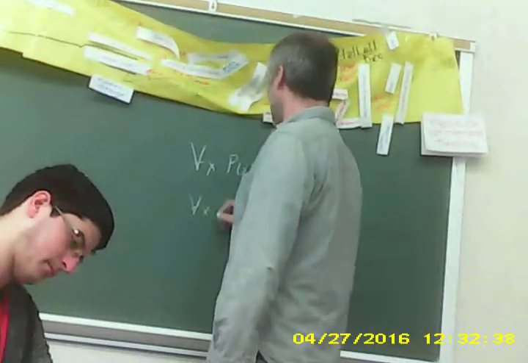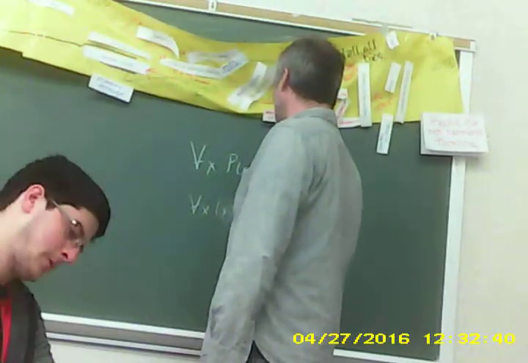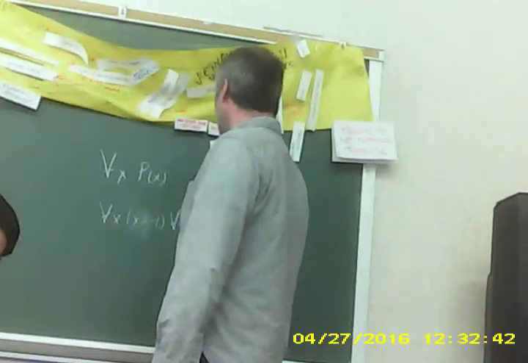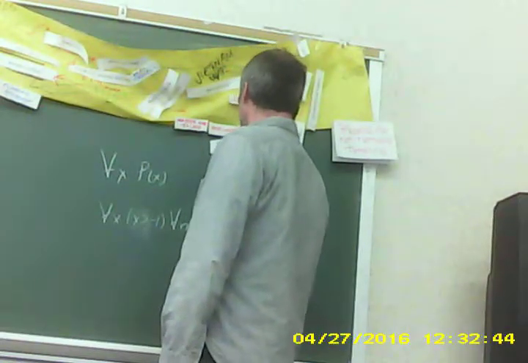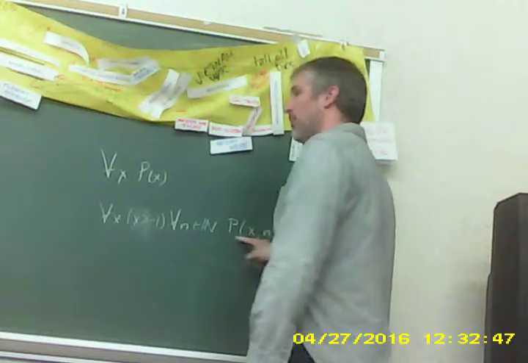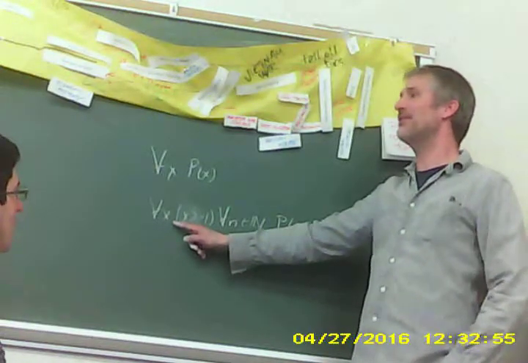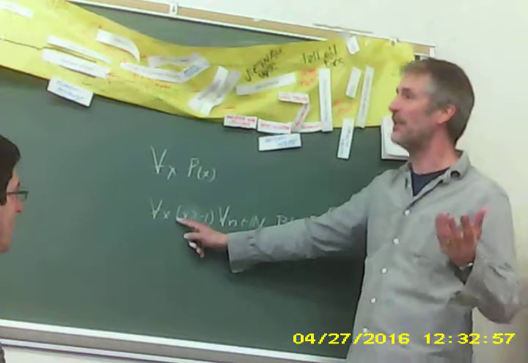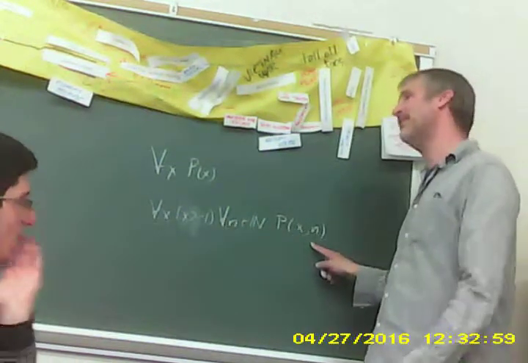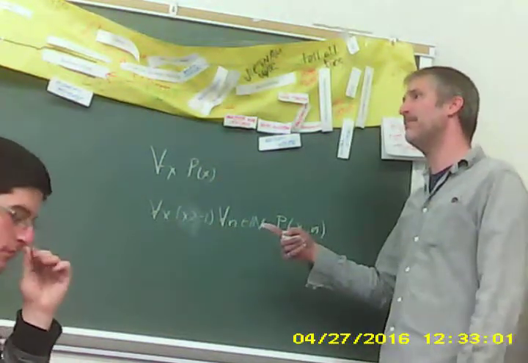Or maybe put it this way: for all x greater than -1, for all n an element of the naturals, p of x n, where p of x n is this statement with x's and n's in it. We would pick an arbitrary x, in other words fixing it, and then induct on the rest of it. Did that answer your question?